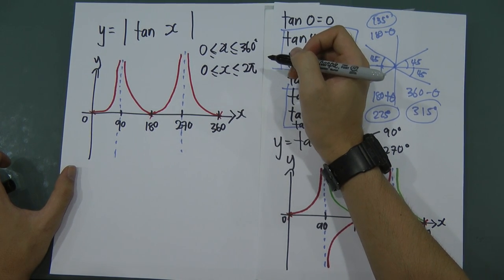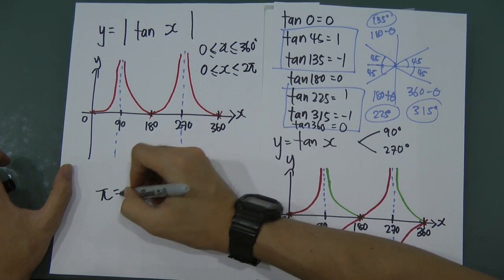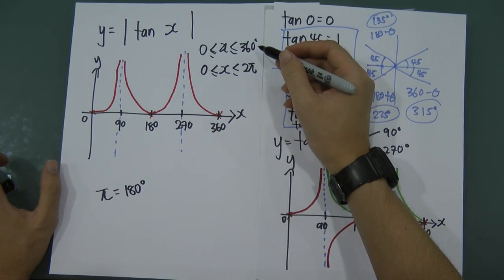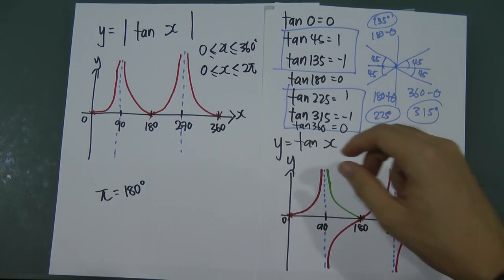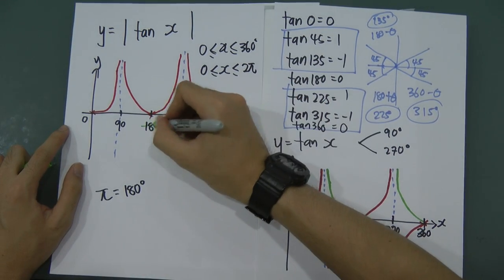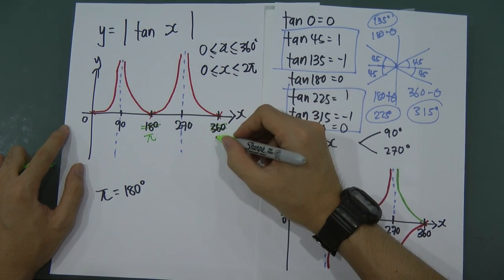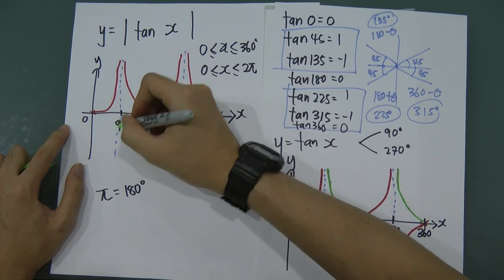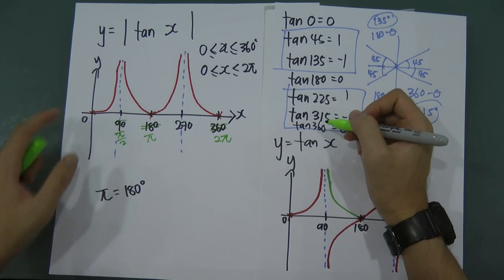For MX students, you must understand that 1 pi actually equals 180. So 2 pi means 360. So over here, for MX students, I'm going to change some information. So 180, I change to pi. 360, I will change to 2 pi. So 90 degrees will be pi over 2, because 1 pi is 180, and 180 divided by 2 is 90.